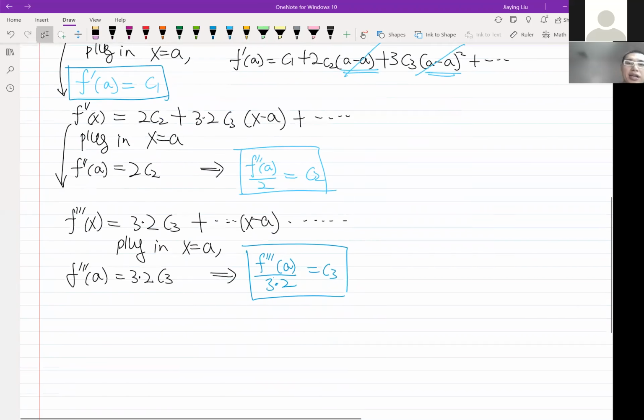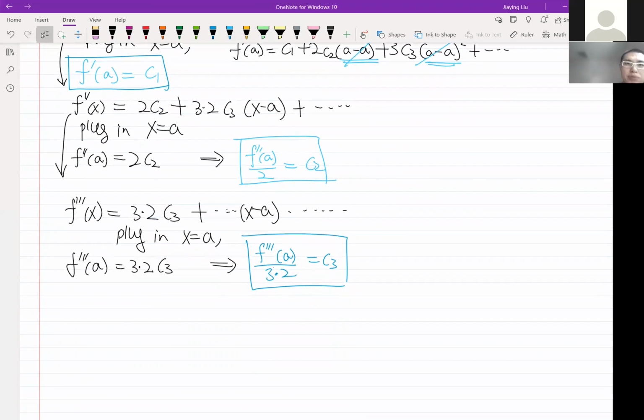So it turns out that, let me rewrite the expressions I put in boxes. At this point, we have C0 equals f with a as an input. C1 equals f prime of a. C2 equals f double prime of a divided by 2.